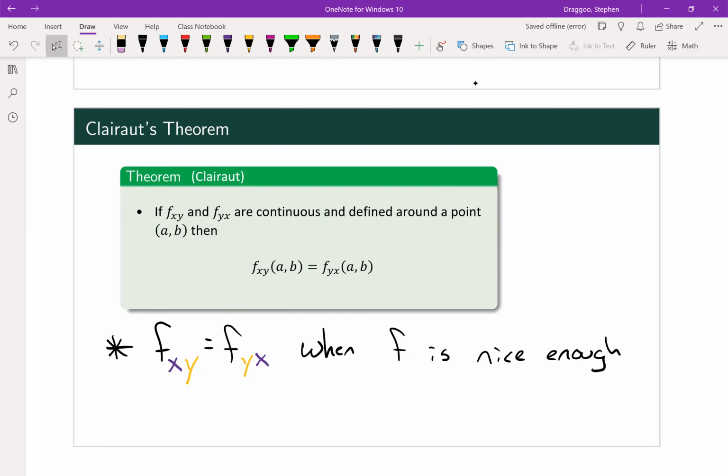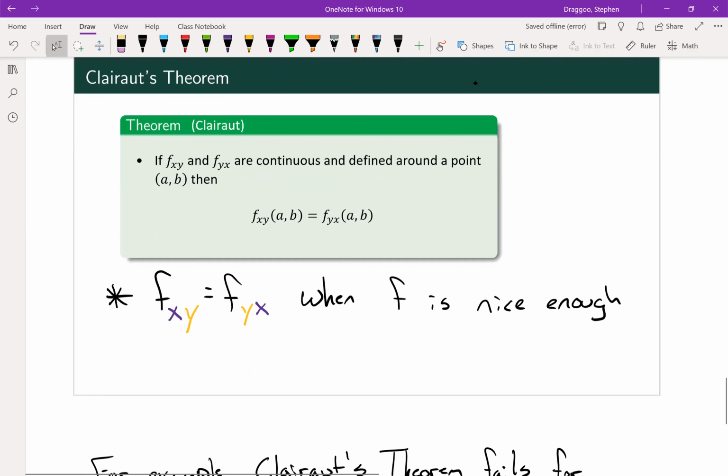It says that if we have two mixed second order partial derivatives of our function f, and if they're continuous and defined about a point, then they are equal to each other. In other words, f partial xy is the same as f partial yx when f is nice enough. Most of the functions that we're going to look at are going to be nice enough, so that pretty much all the time we can say that our mixed second order partial derivatives are the same doing either order.